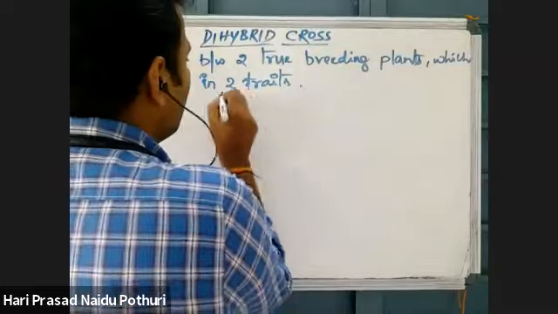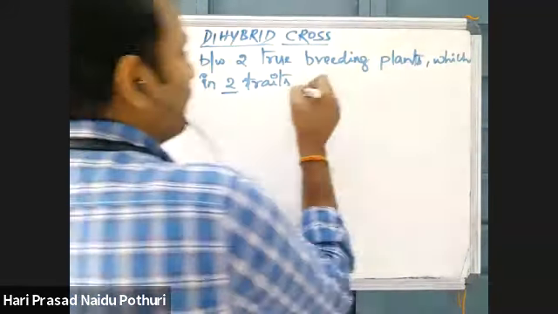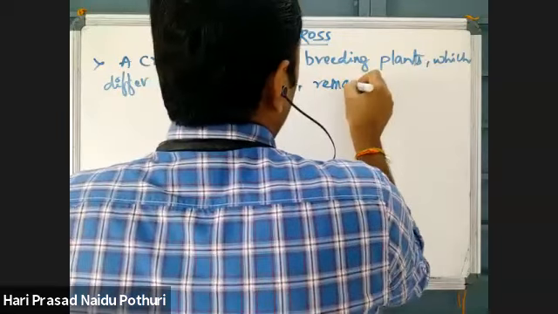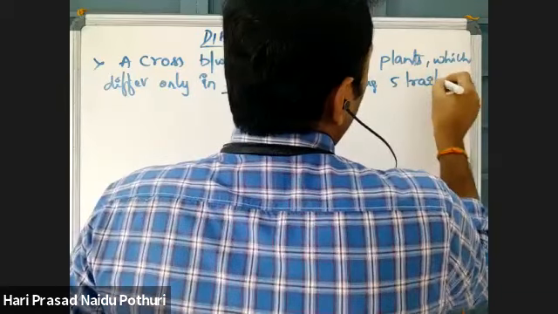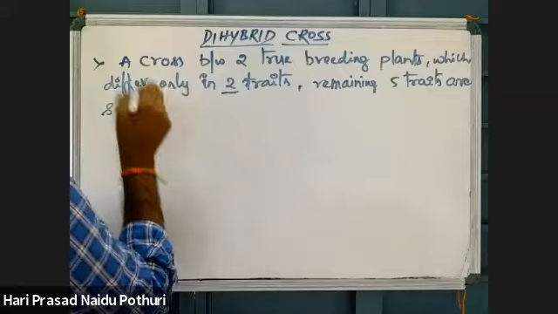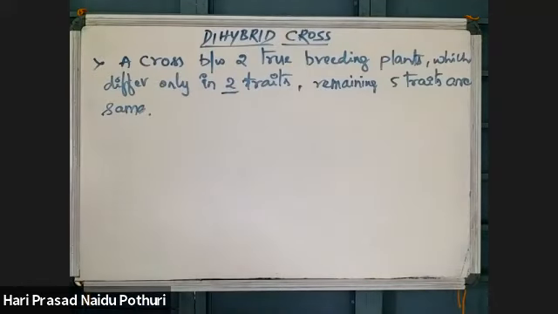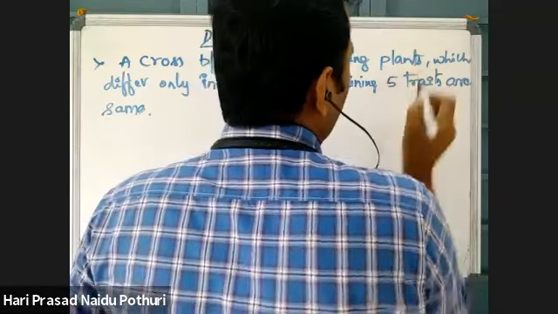Among those 7, only 2 are different. Remaining 5 traits are same, but only 2 traits are different between the 2 parents.